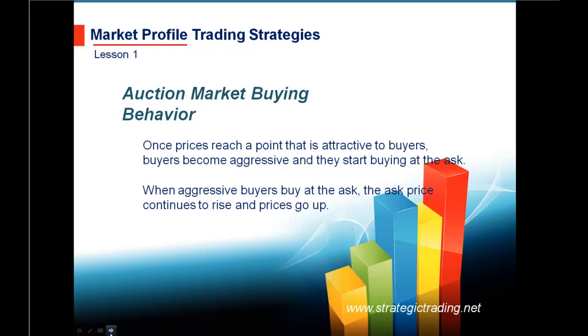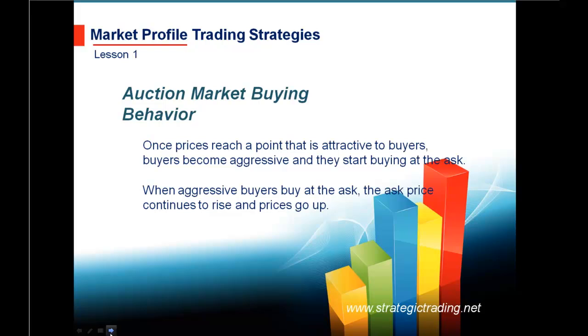The exact opposite happens when it comes to buying. Aggressive buyers are buying at the ask. And the more aggressive they get, the higher the ask. And when aggressive buyers buy at the ask, price will continue to rise and prices will continue to go up.